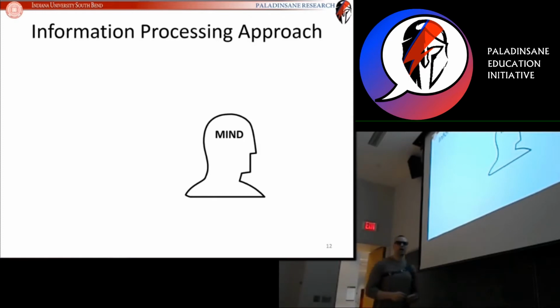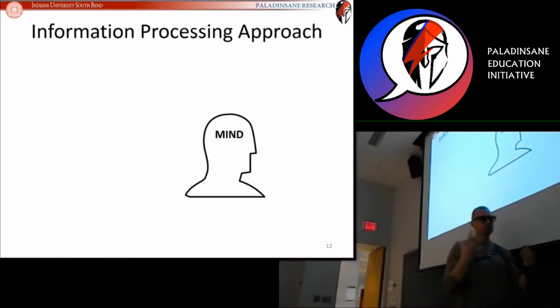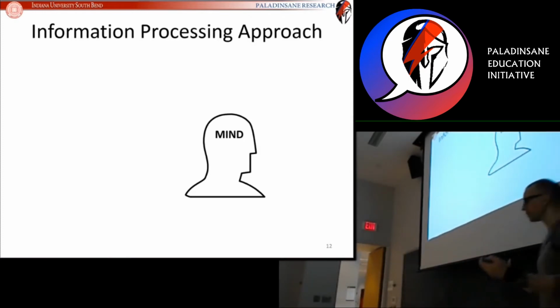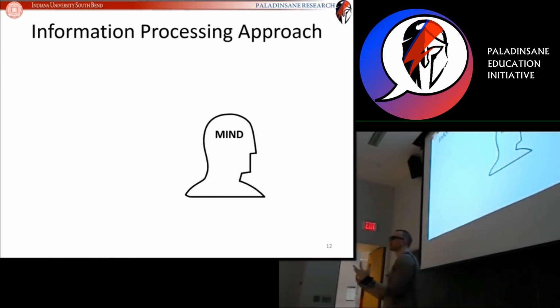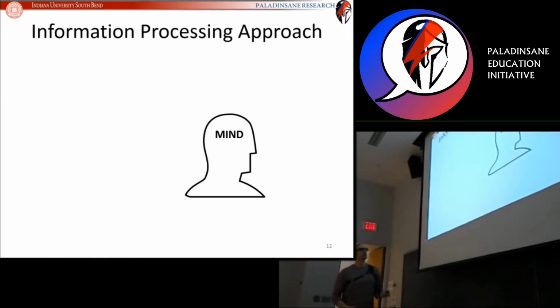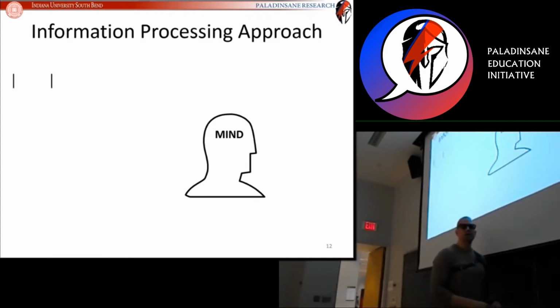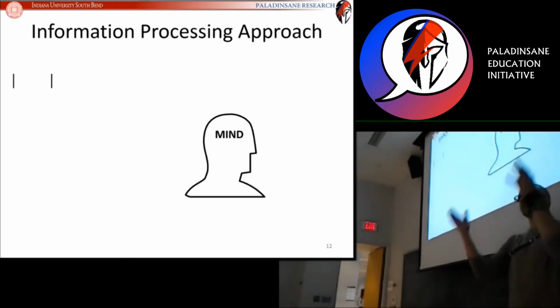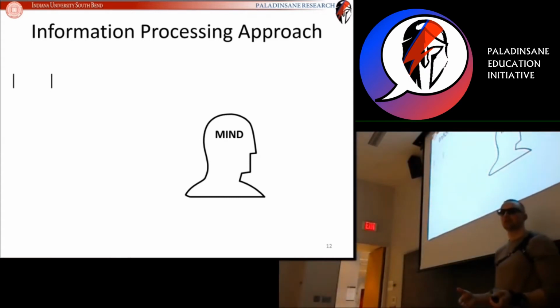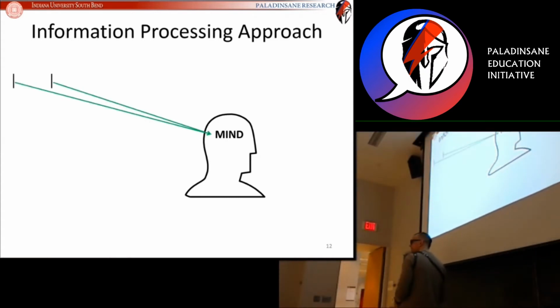If you have your mind, which we do, that was a weird thing to say, but you have your mind, and there's a world out there that is sending your mind information. And the information that it might send you is that there are two vertical lines in the outside world. So that information gets sent into your mind.